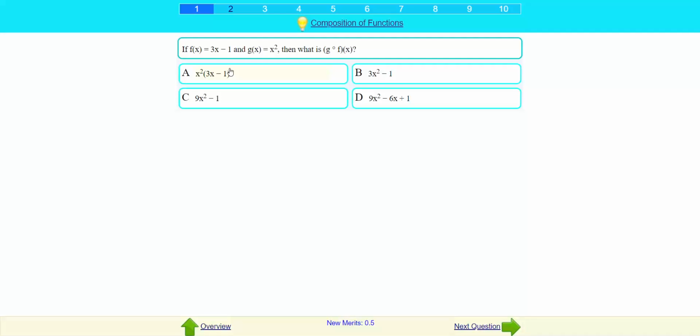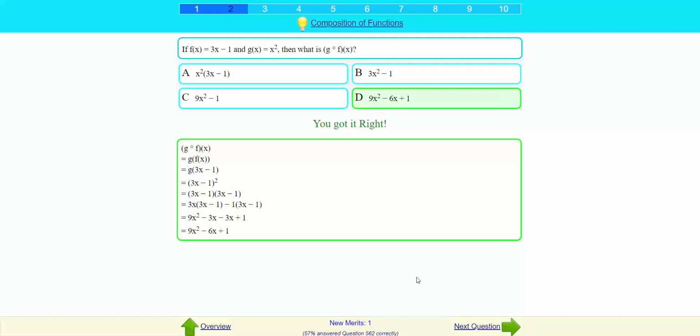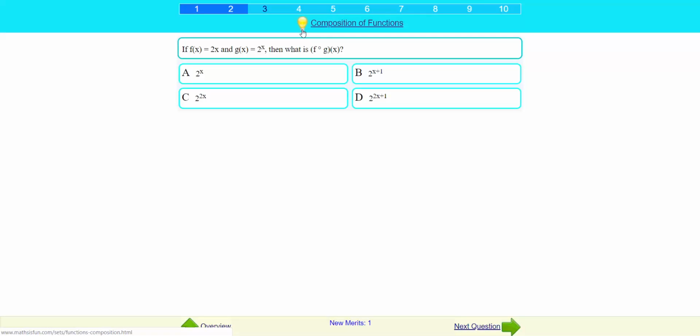If you have f, first of all apply this to x squared, so all squared. This is the closest one. Next, I think I have to solve the functions now to be able to answer all of these.